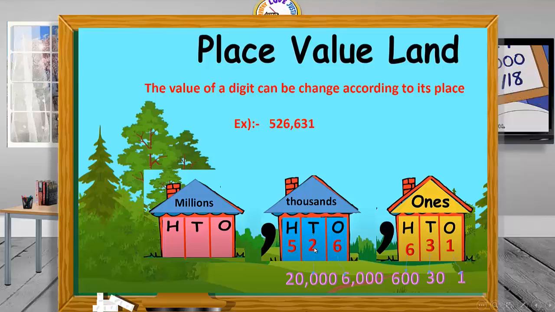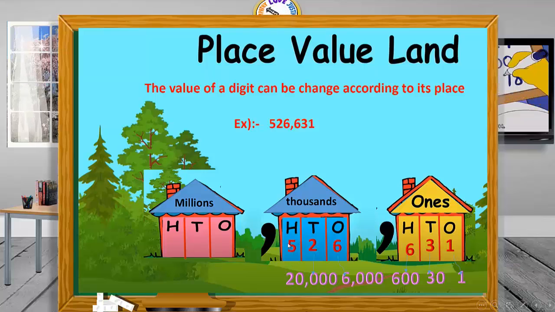Place means where we put digit 2: we put digit 2 in the 10,000 place. This is the place value. And if I ask what is the value of digit 2, you should say 20,000.